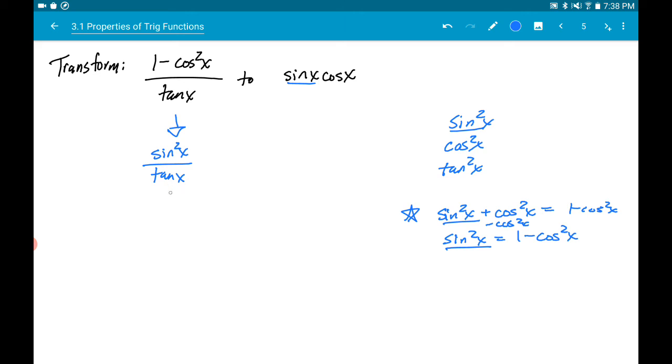So another way to think about this, now I kind of have a sine there, but I need to have a cosine in there also. One way I could write the numerator is this.